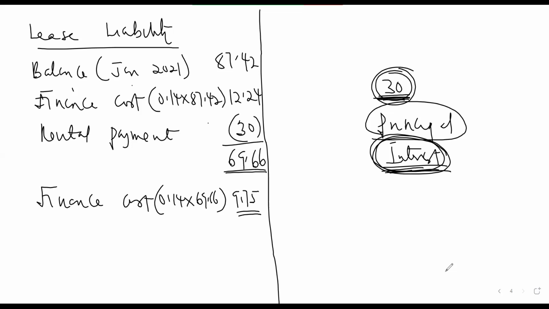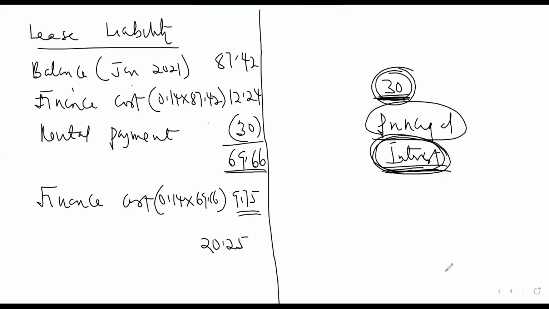What will be the principal portion? 20.25. Okay, so if you want to separate, you just ask yourself what will be the interest for the next year. The interest will be paid at the end of the year, and I'm paying 30 million. So what is the principal portion there? The payment will be fixed throughout the year, so we can assume that it will be paid at any time.